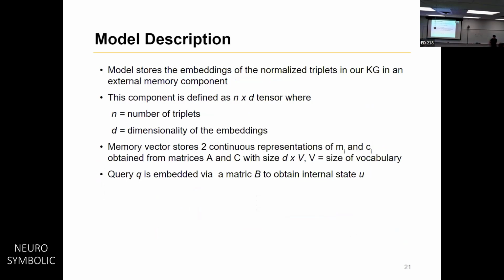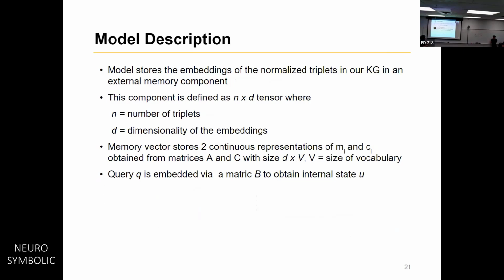Next slide, please. So these are just the mathematical descriptions. The component is defined as an N by D tensor, where N is the number of triplets. A memory vector shows two continuous representations, Mi and Ci, obtained from matrices A and C with size D by B. These are the vocabulary.